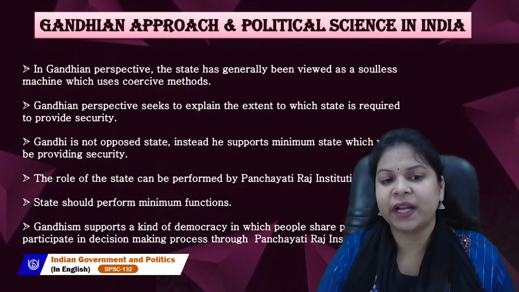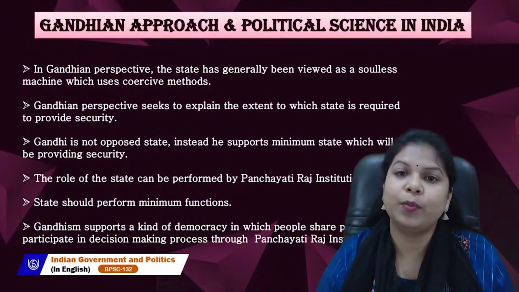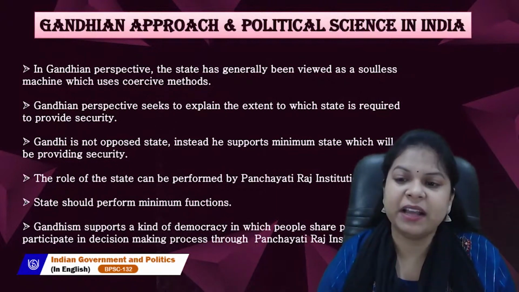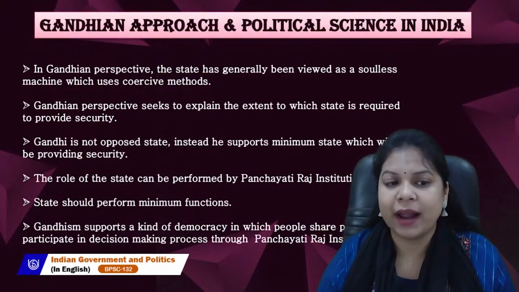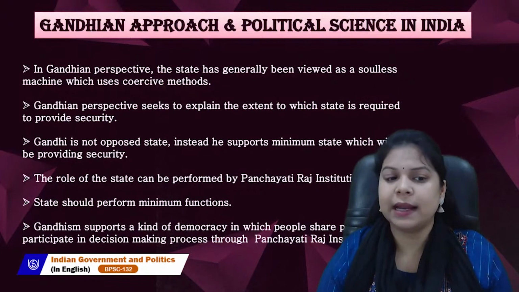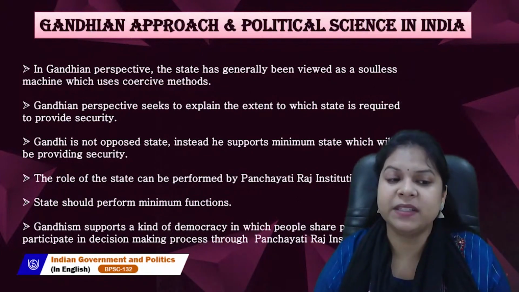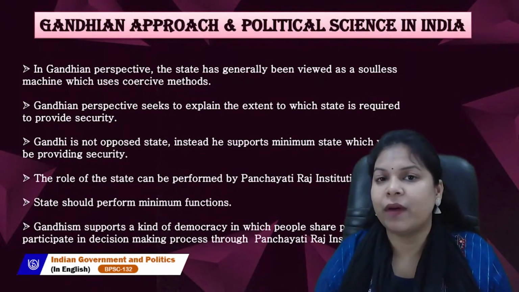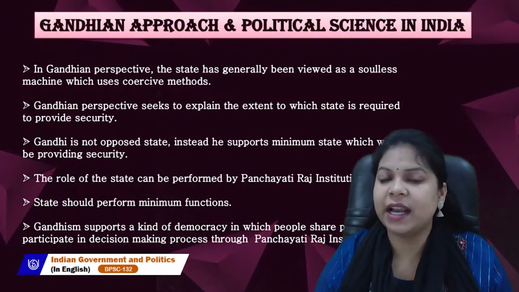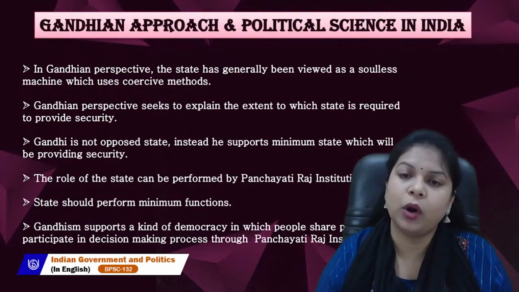The Gandhian perspective seeks to explain the extent to which the state is required to provide security. So through all these things, we should understand that Gandhi is not opposed to the state. Instead, he supports a minimum state, which will provide security to the people. For security purposes, Gandhi wanted the state, but in other things, he wanted a very minimum role of the state.